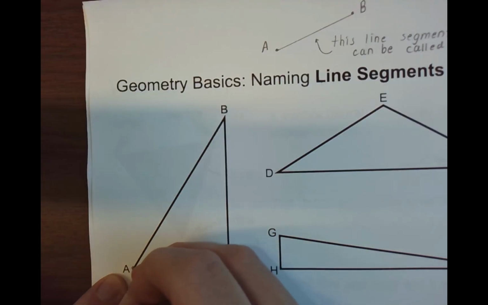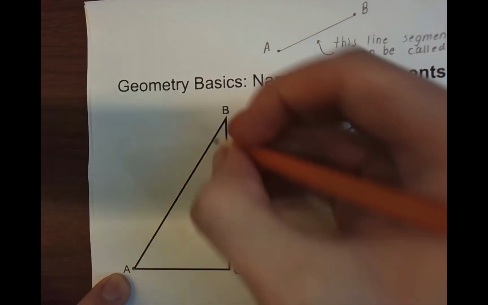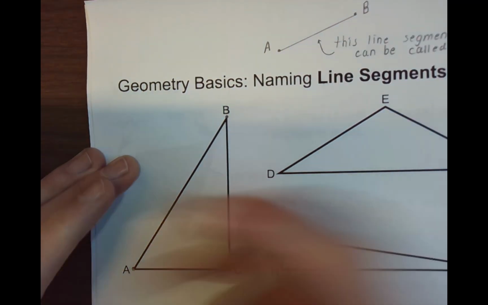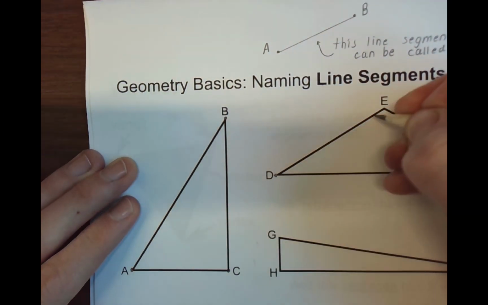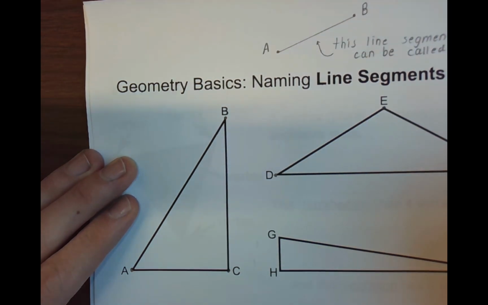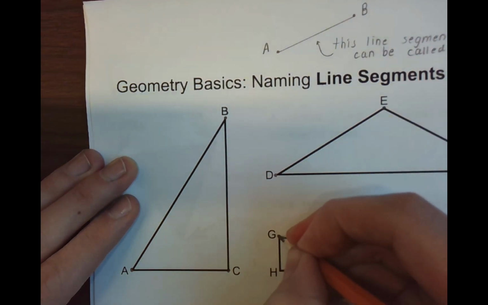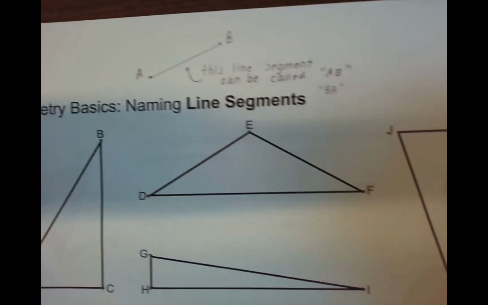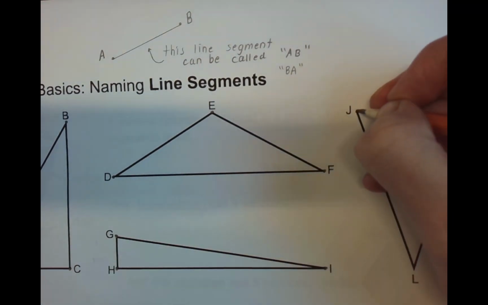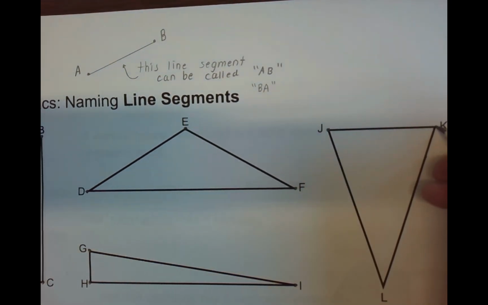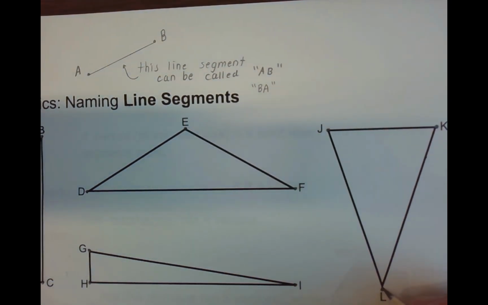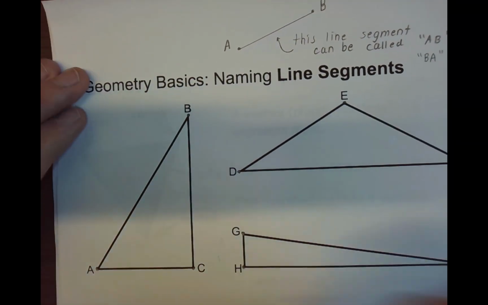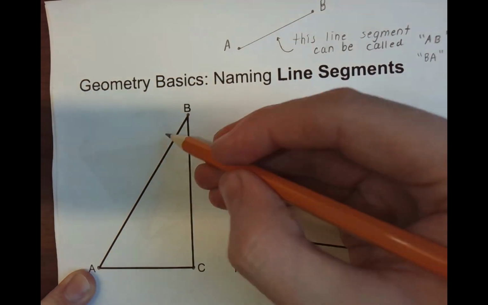We could just think about this as a point A, a point B, a point C, point D, point E, point F, point G, point H, point I, point J, K, L. And at the end of the day, these points are being connected with line segments.